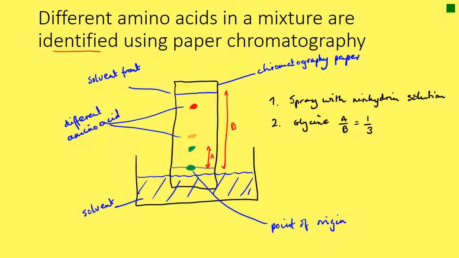So let's quickly go through the process of paper chromatography. You're going to start with a piece of chromatography paper, nice big rectangular strip like that, and then you're going to get your pencil and draw your pencil line on the bottom, and you're going to take your sample of your amino acid mixtures.